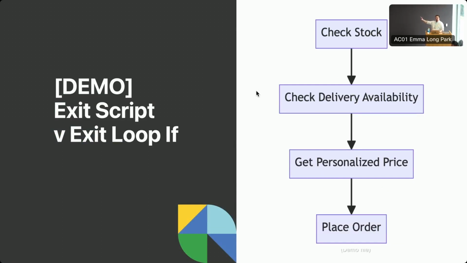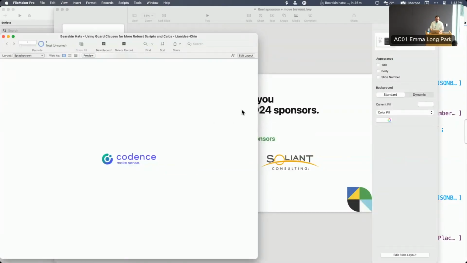So if we're looking at that same process that we started with, checking our stock, checking the delivery availability, getting our personalized price, making sure we're all the way through those before we actually place the order, we can do that with the exit script pattern that we were just looking at.